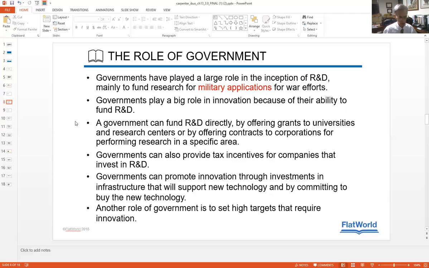So governments can certainly make it possible for science to move faster, and they often do exactly that.